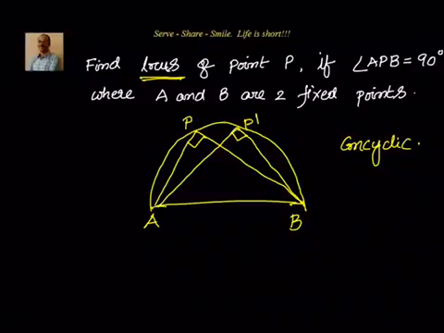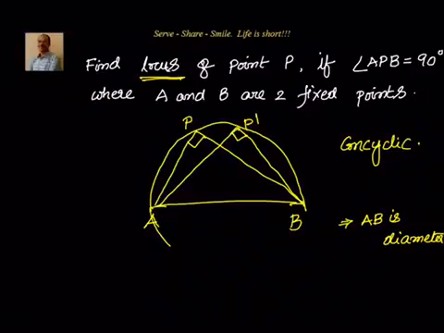Once we know that it's a part of a circle and we have a right angle, we remember that the angle in a semicircle is a right angle. That means AB is the diameter. If AB is the diameter, then what will be this locus?